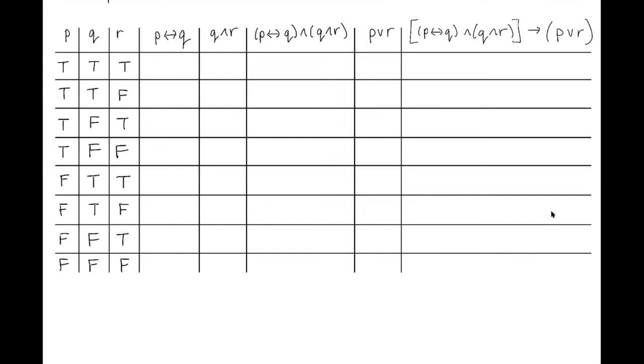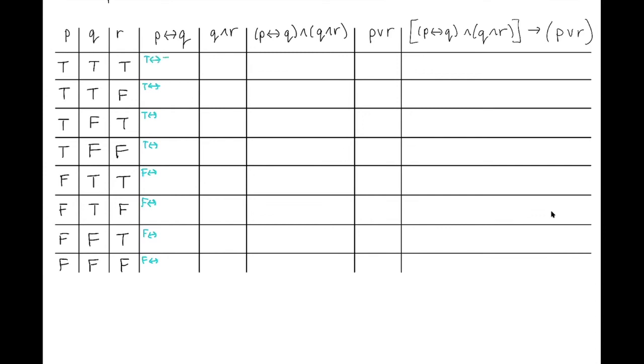Okay. So our first one, we're doing P if and only if Q. So we're putting a double-sided arrow between each of those. Again, I'm going to start by putting all of P's values first. We're doing the biconditional, so double-sided arrow, which means they have to match.